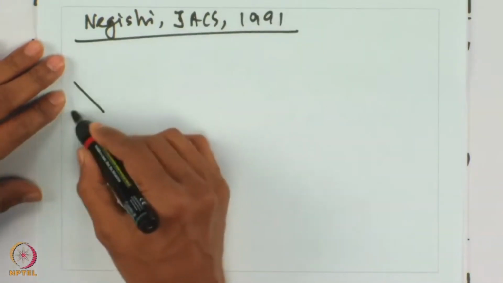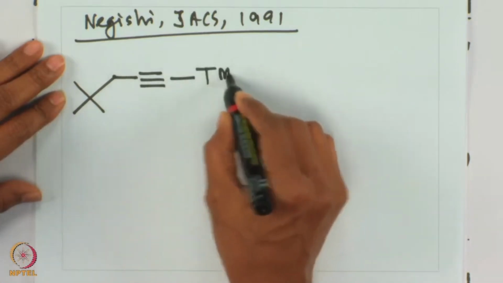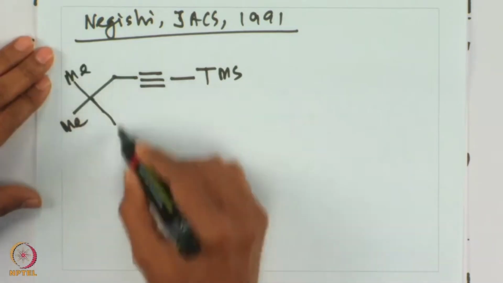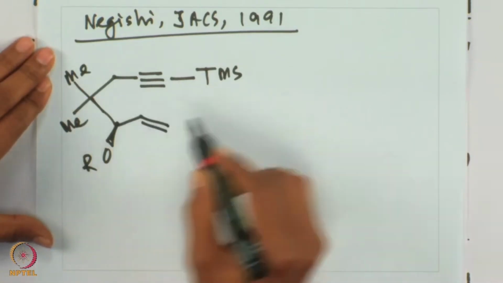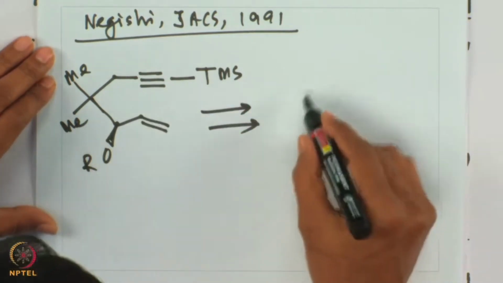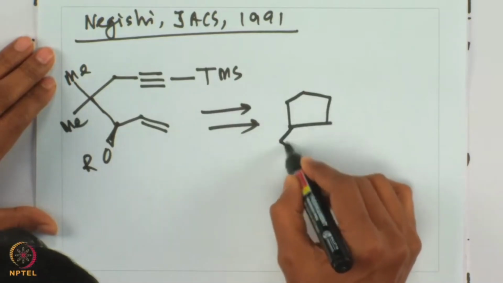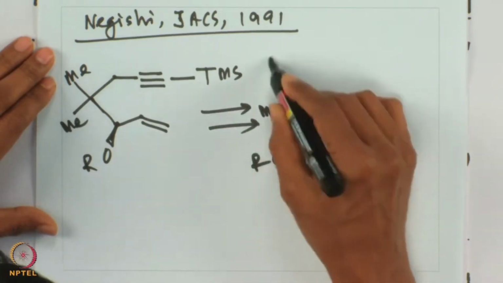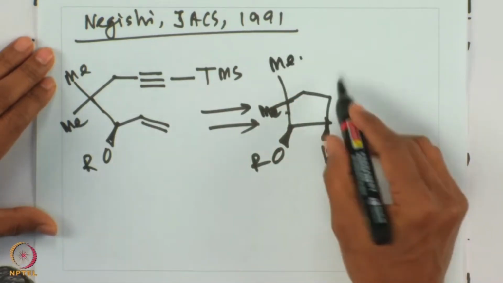What we see here, once again back to the enyne chemistry, is a protected alkyne and a protected alcohol, because otherwise it will not be tolerated. Overall, the enyne chemistry will give rise to a simple intermediate with the alkyl alcohol protected, a dimethyl group, and the hydrogen should be over here.